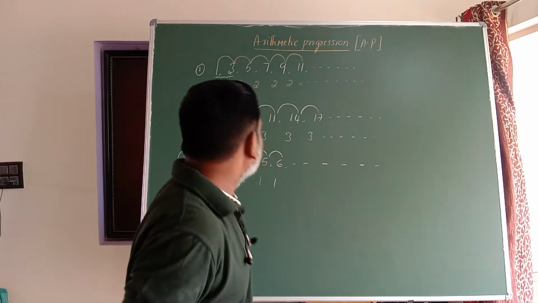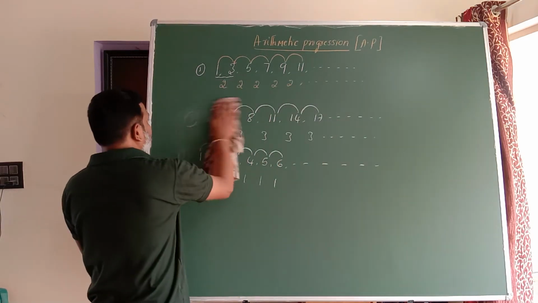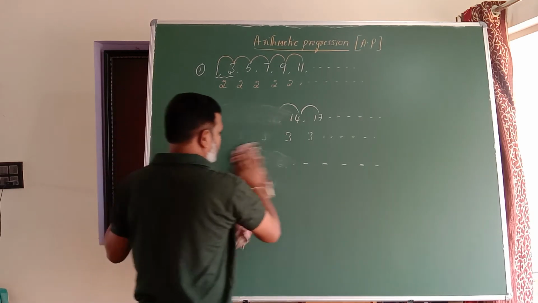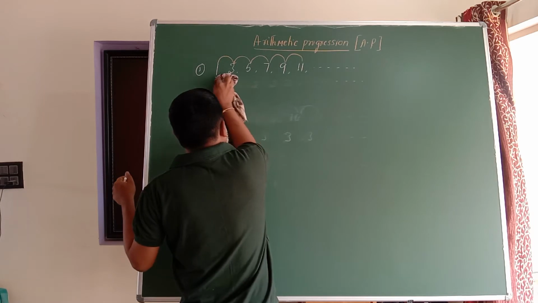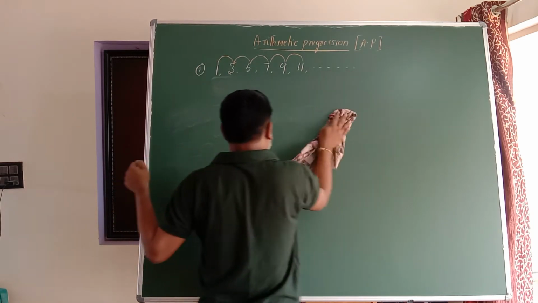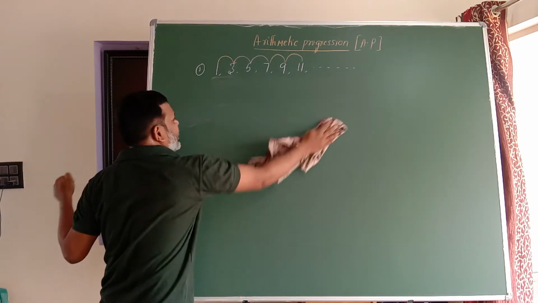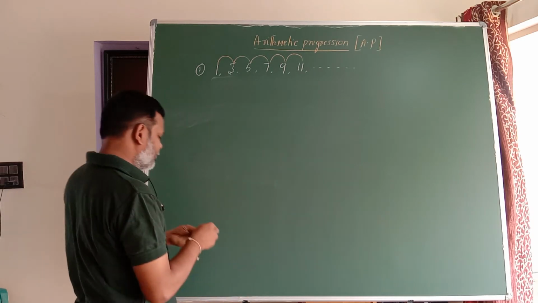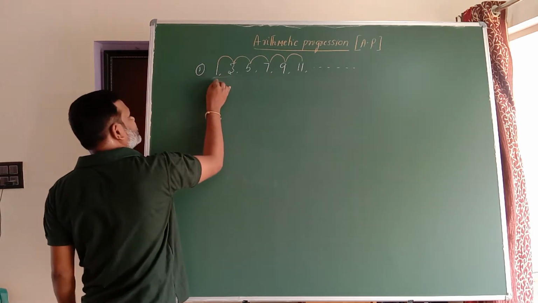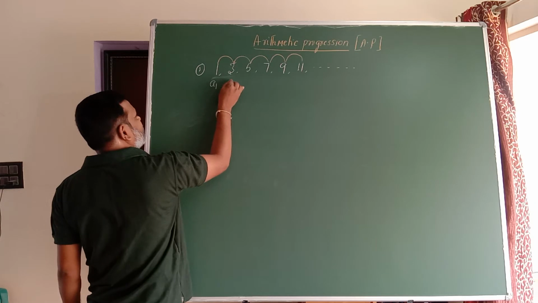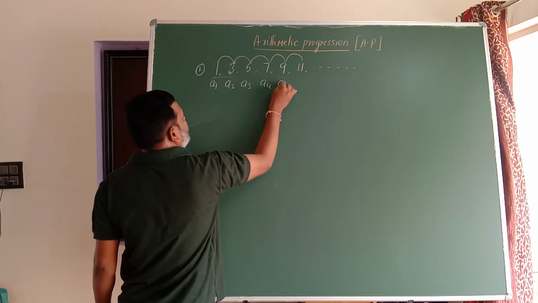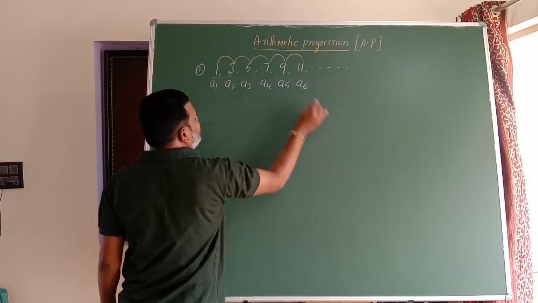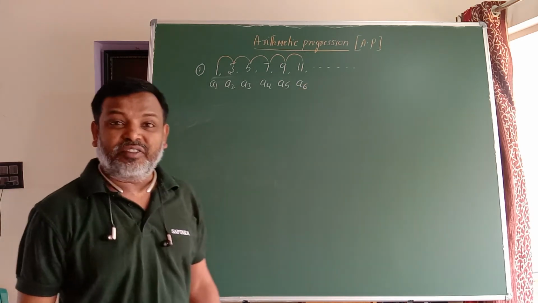Look at that, by considering one example here. Just I am going to consider this example only. Understand very neatly. Now, how to extract the concept here? If I consider this is A1, this is A2, this is A3, this is A4, this is A5, this is A6. How to find out the difference?